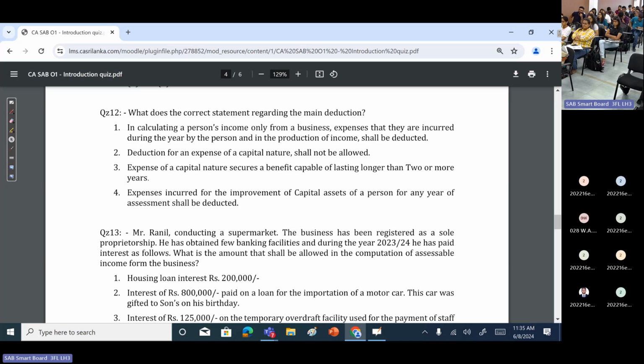Calculating a person's income only from a business, expenses that are incurred during the year by the person in the production of income shall be deducted. Correct? Correct.